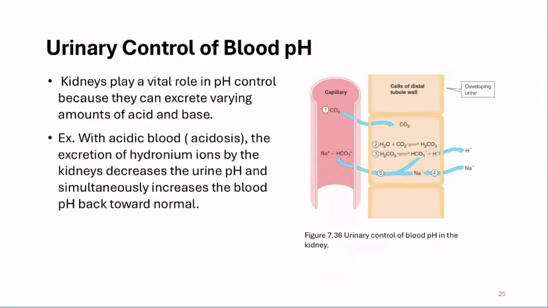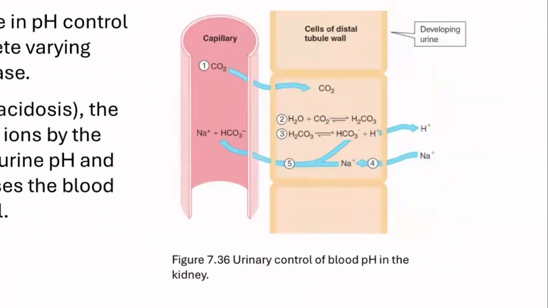The kidneys can also serve as a control for blood pH. The kidneys help keep our blood pH balanced by controlling how much acid and base we keep or get rid of. If we focus on figure 7.36, which illustrates the urinary control of blood pH in the kidney, we can observe that the CO2 from the blood enters specifically the distal tubule in the kidney.